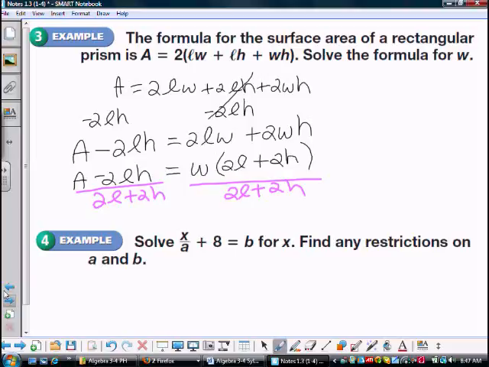And I get that W is equal to A minus 2LH divided by 2L plus 2H. And that's not pretty, but that is solving for the W.